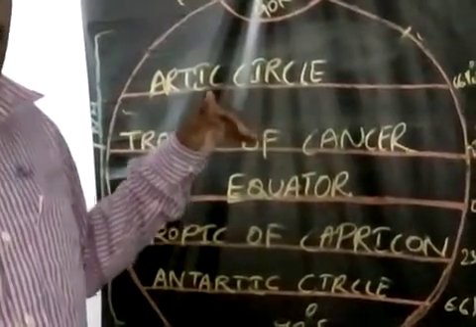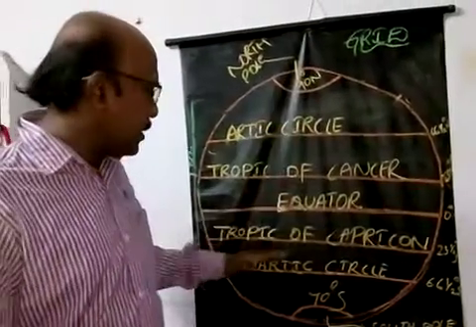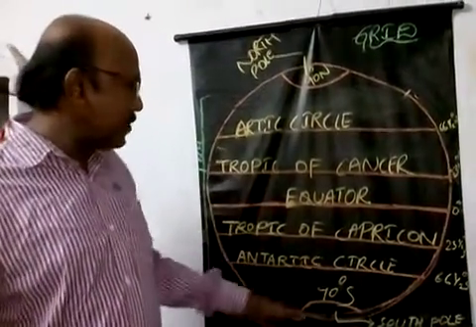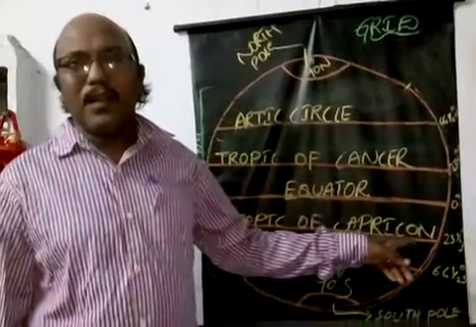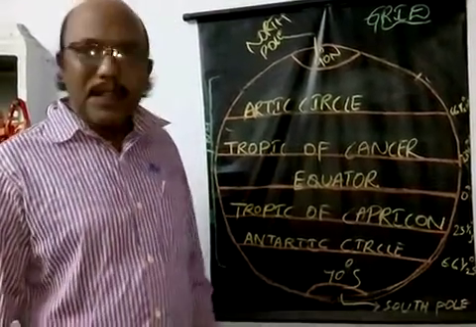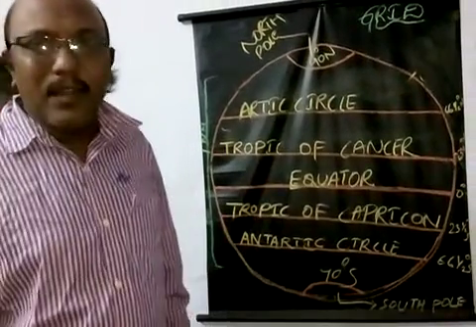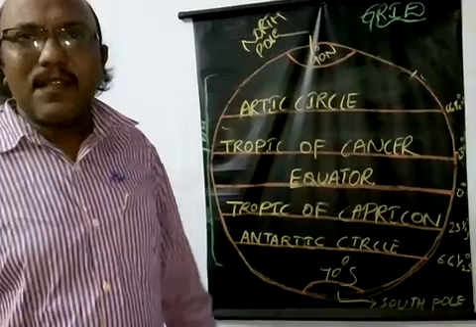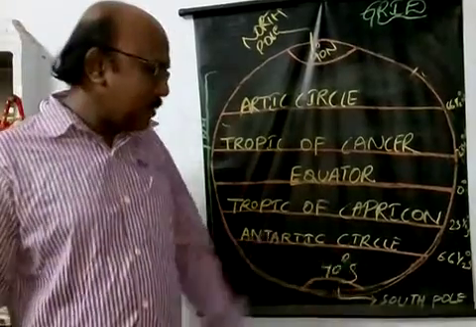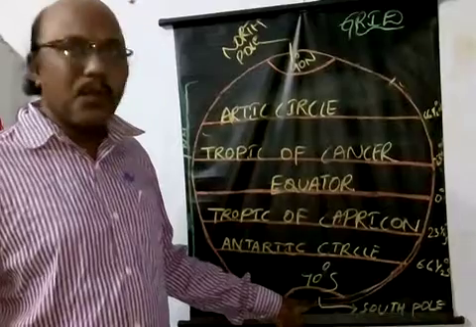When the latitudes move towards the poles, they become points. Likewise on the south side, 23½ degrees south latitude is the Tropic of Capricorn, 66½ degrees south latitude is the Antarctic Circle, and 90 degrees south is the South Pole.